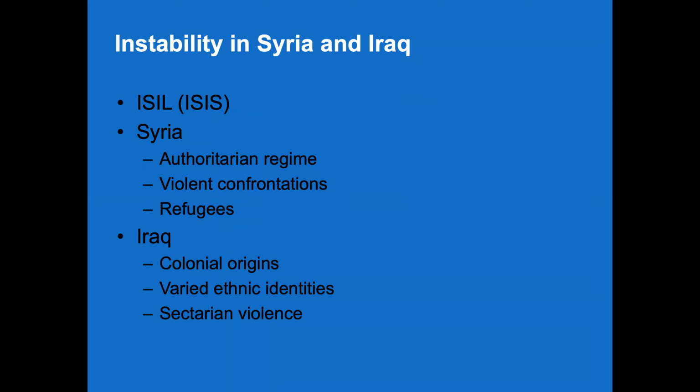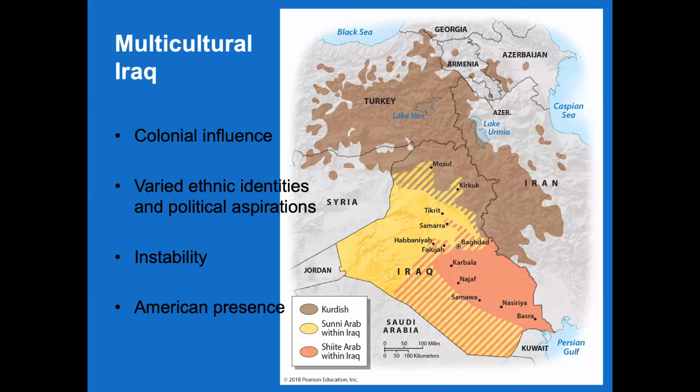Other parts have instability, and the whole ISIS thing has somewhat slowed down from what it was, but they're not completely gone. And it's an area that really affects Syria and Iraq. And so this area is super complicated. And here's, for example, the idea of the multicultural aspect in parts of Iraq.